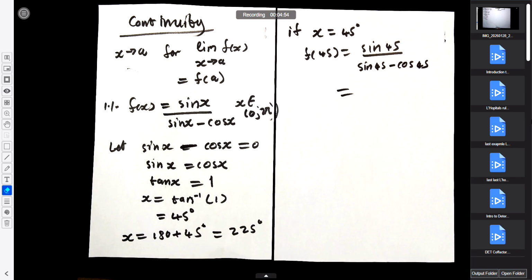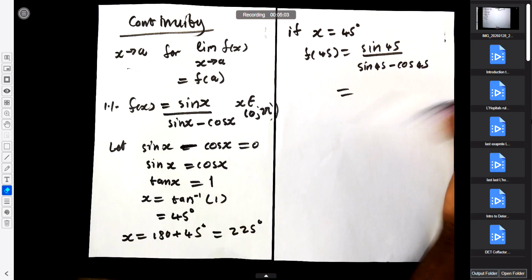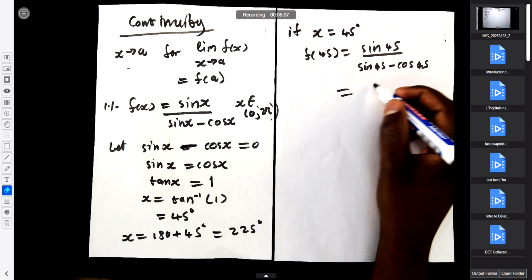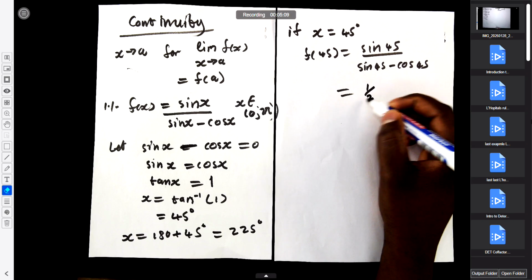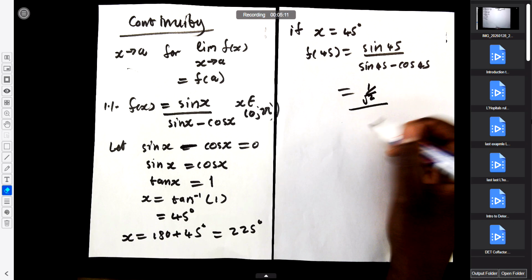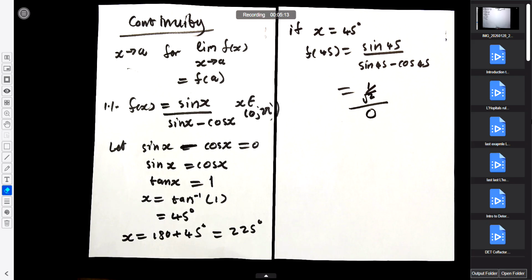We know that sine 45 is 1 over root 2, and cos 45 is 1 over root 2. So in the denominator we have 1 over root 2 minus 1 over root 2. I hope you see it's giving us a 0 there.